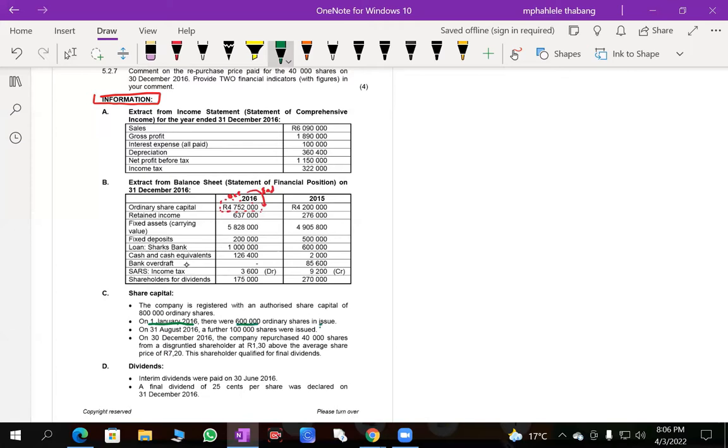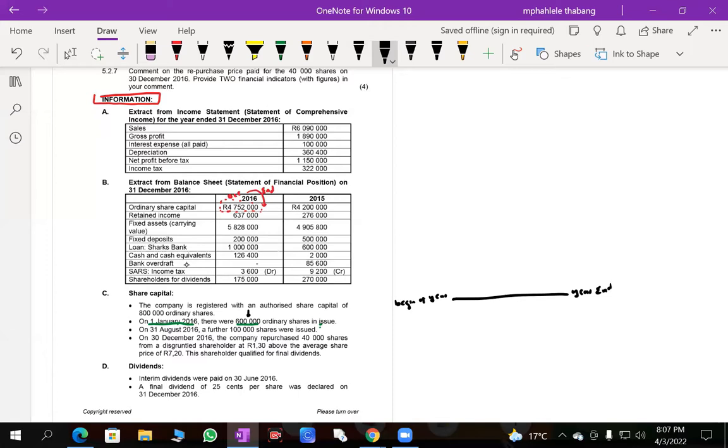I agree with you. So we are talking about the number of shares. How many shares was issued by the beginning of the financial year? And to understand the beginning of the year and the year end, I said it's very important in accounting.